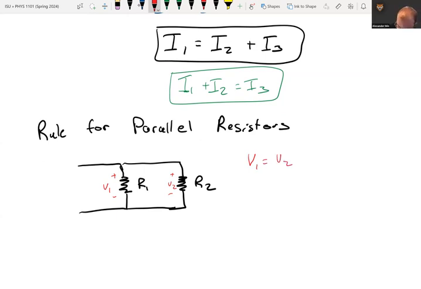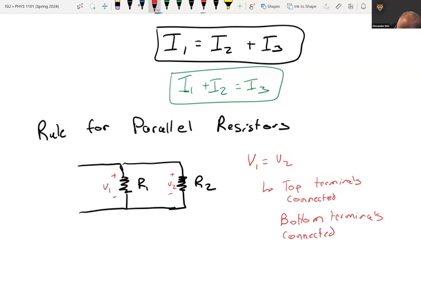And the reason we know that is because the top terminals are connected, so those are the same voltages. And the bottom terminals are connected, so those are the same voltages.